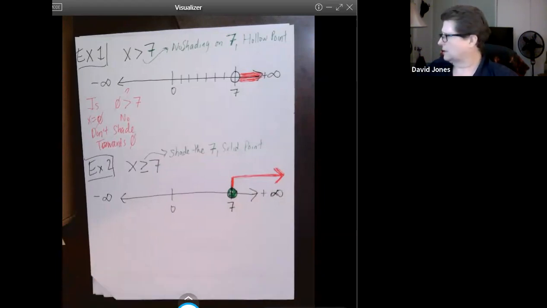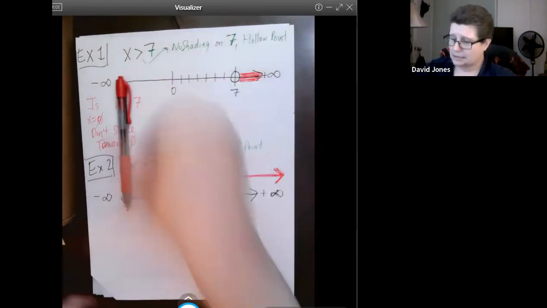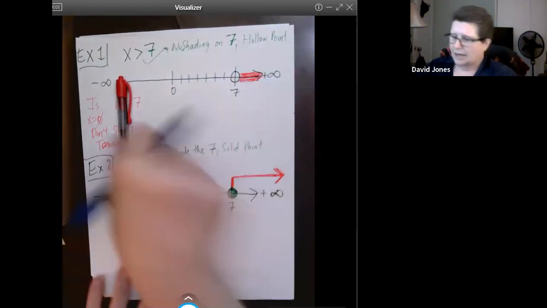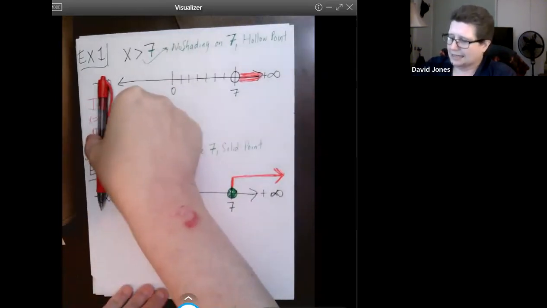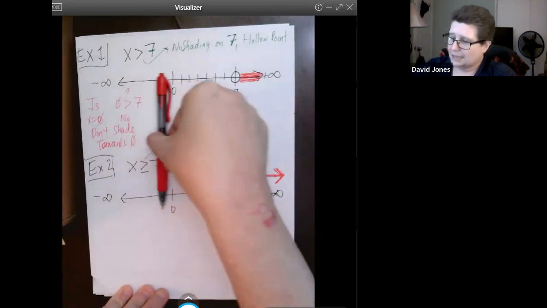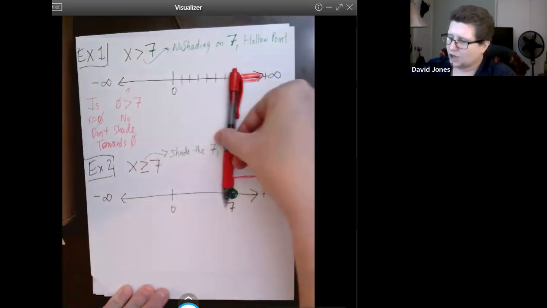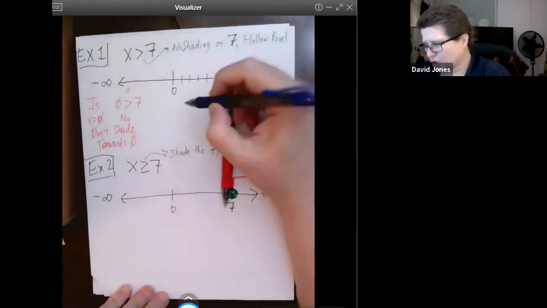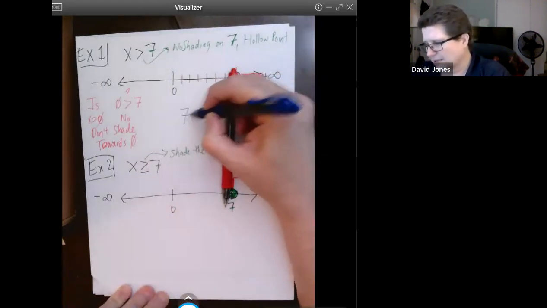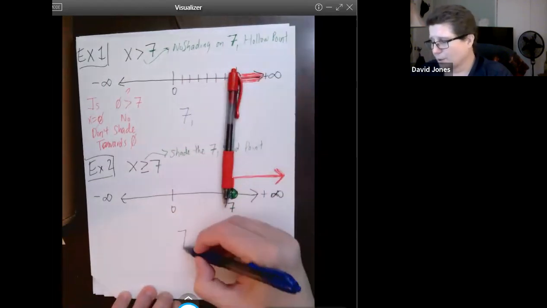Now, for the interval notation, I said start on the left and move right. So I start at negative infinity and I'm not hitting the shading yet. I slide my pencil to the right and I start hitting the value at 7. My interval starts at 7 on both.